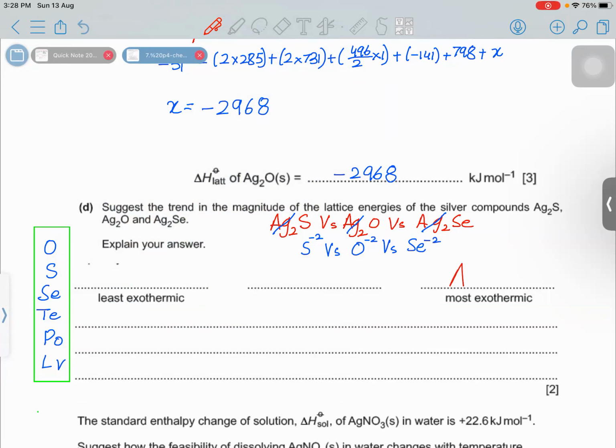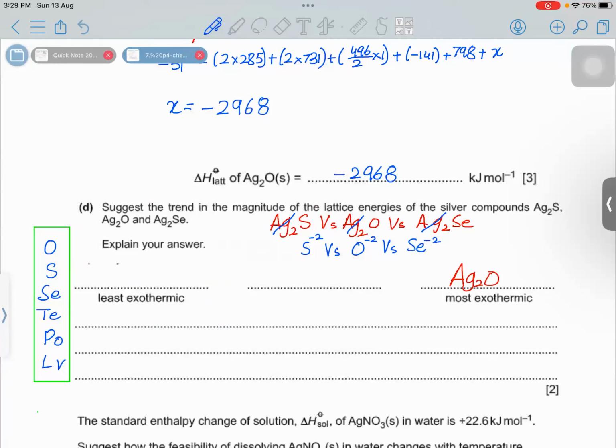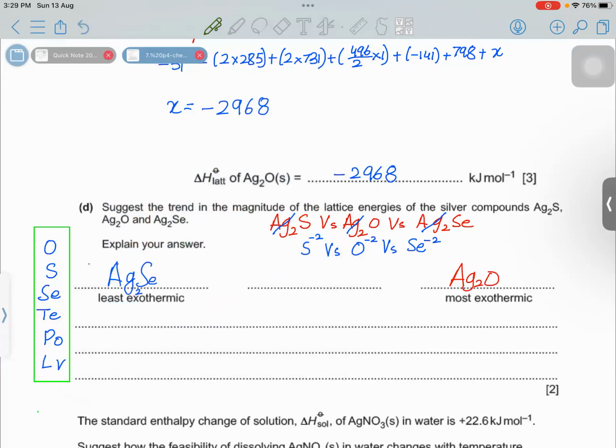So Ag2O is more exothermic. Then which one is the largest? Selenium. So Ag2Se, and in the middle we have Ag2S.